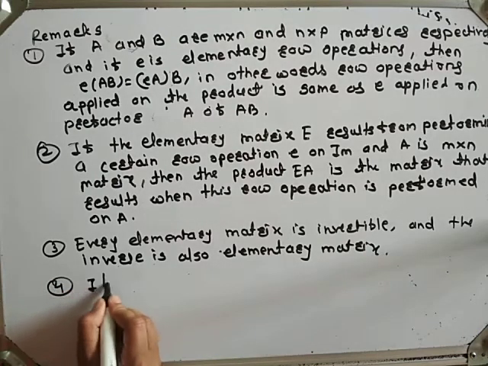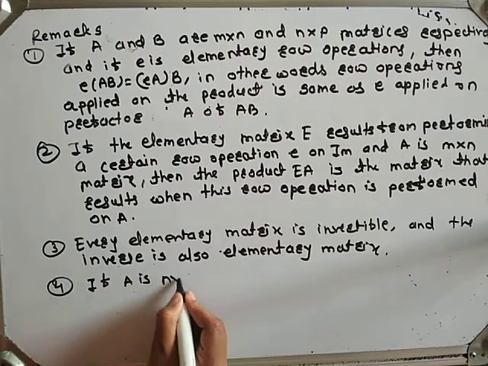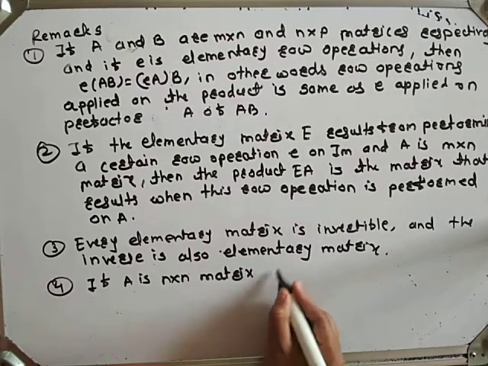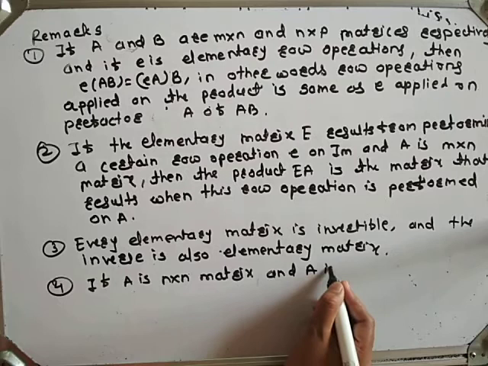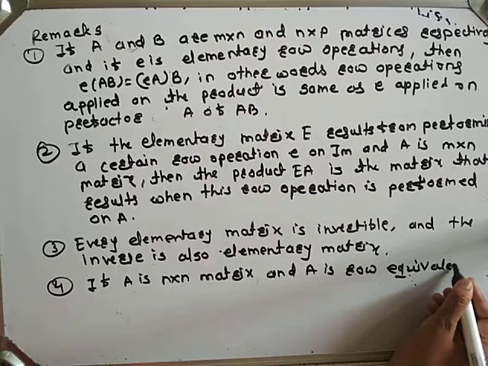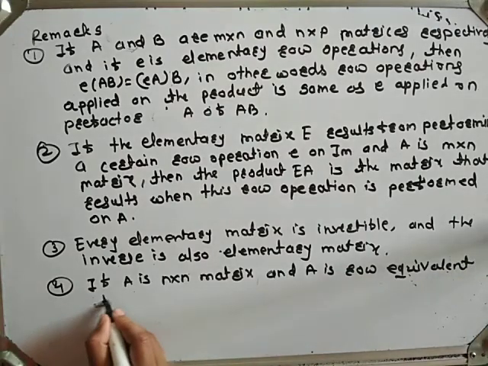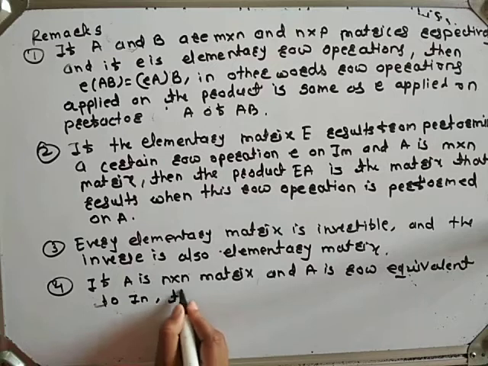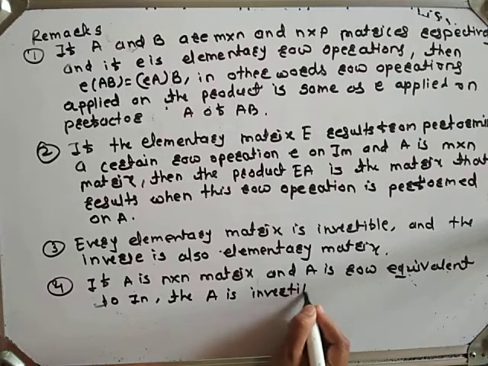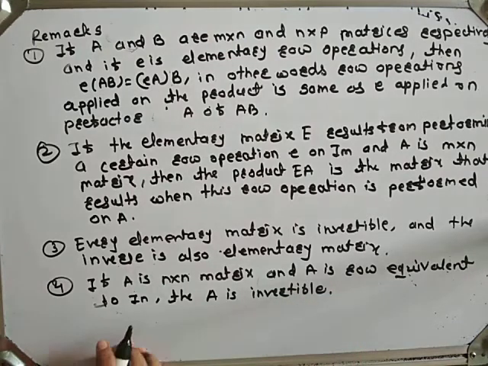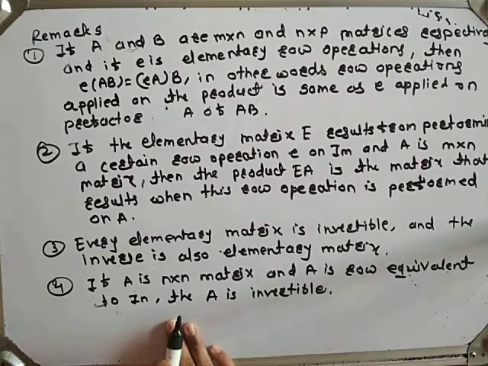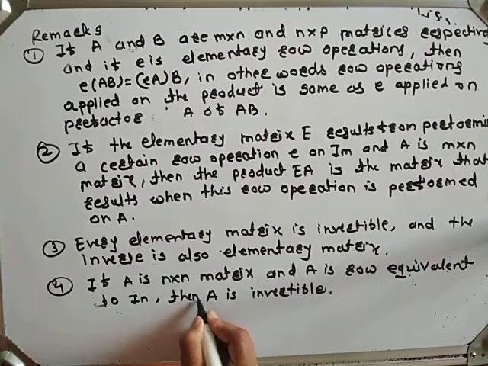Fourth remark is, if A is an n by n matrix and A is row equivalent to In, then A is invertible.